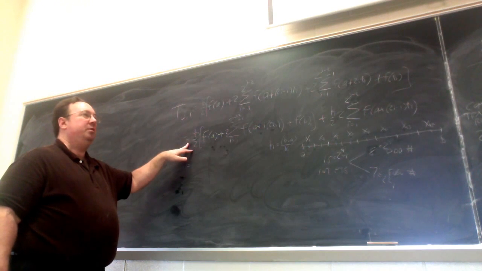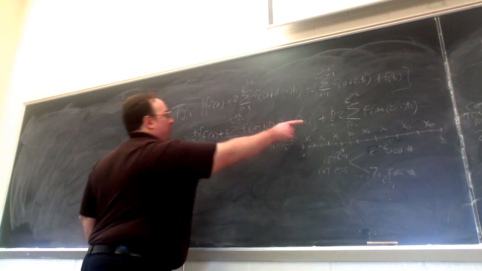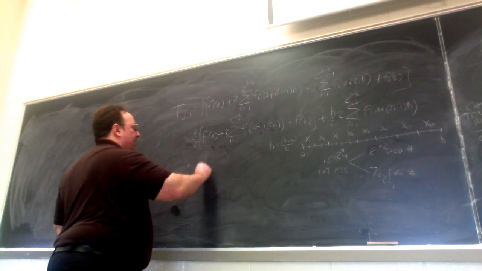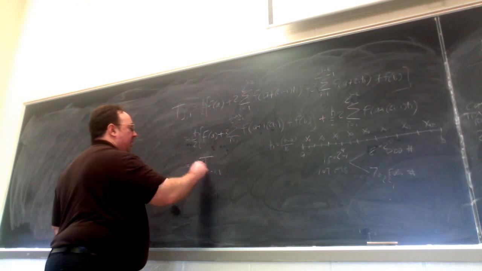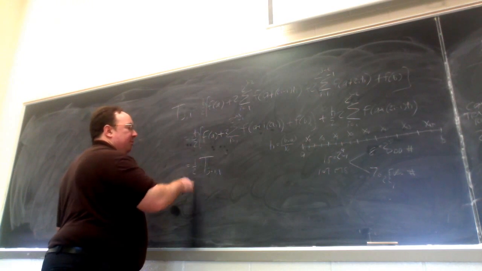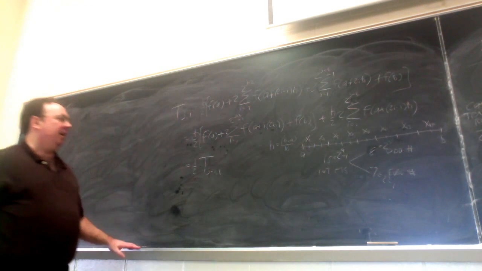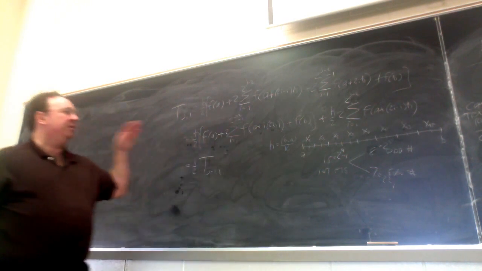I have h over 2. So this first part is actually equal to the trapezoidal rule at level j minus 1, but multiplied by a half. So that covers this piece.